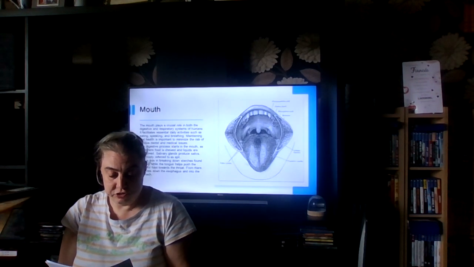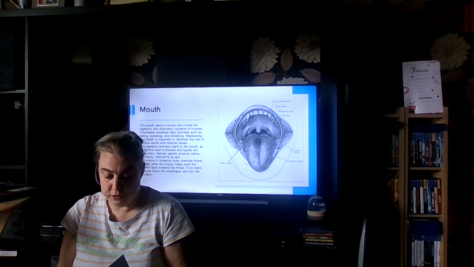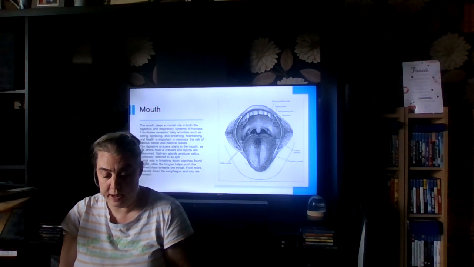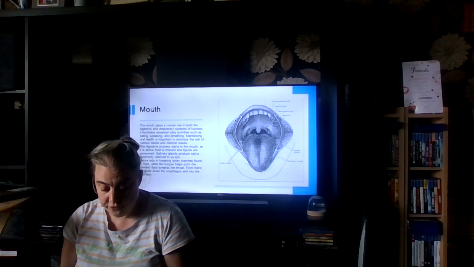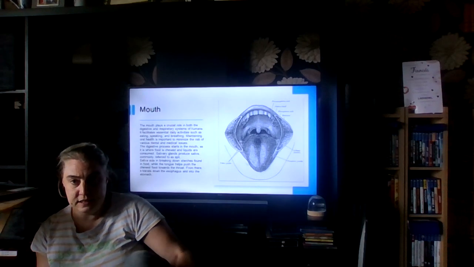The digestive tract is made up of different organs, which have different purposes to help any food or liquid to digest. The first main organ that starts the digestive system off is the mouth.